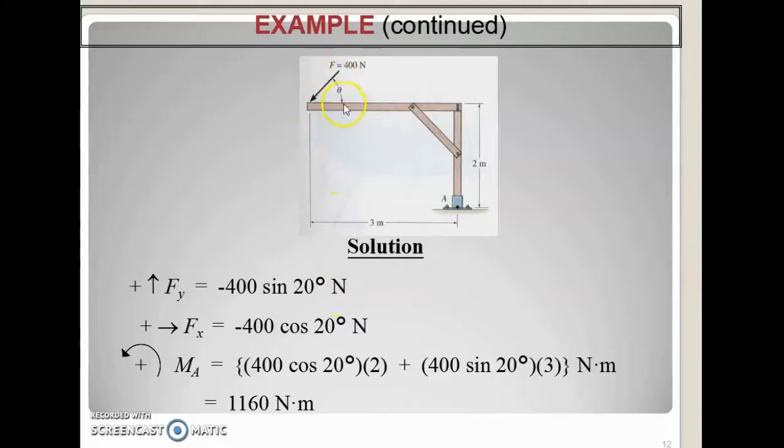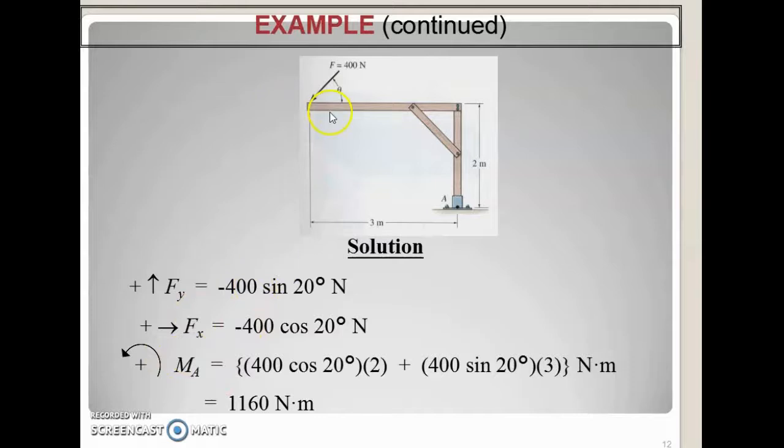For the component of Fx, Fx over F is equal to cos 20. So F is 400 multiplied by cos 20, and we set the right direction as positive, so because it is in the left direction, it becomes negative.